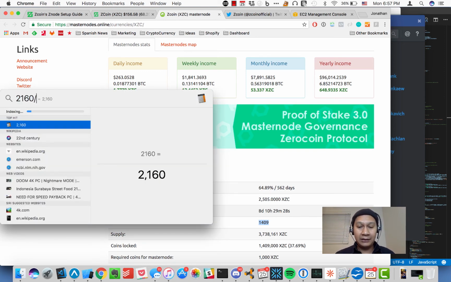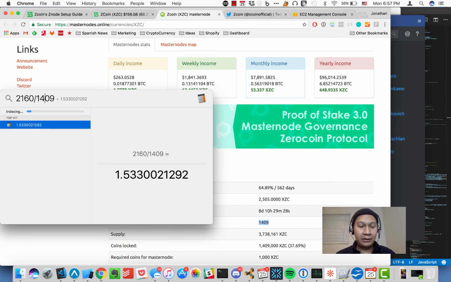So we're going to divide the rewards by the number of Znodes, and we get a total of about 1.53 coins distributed daily.